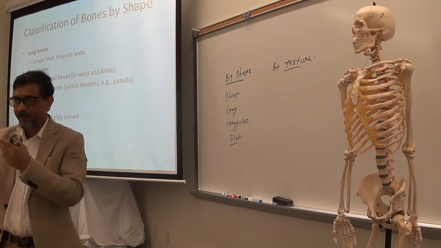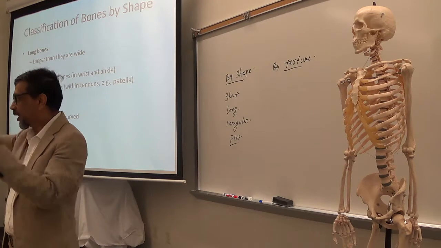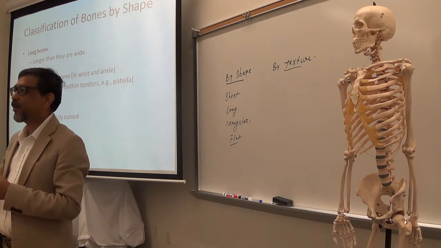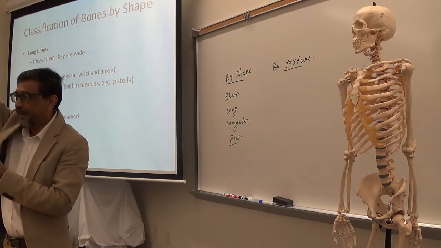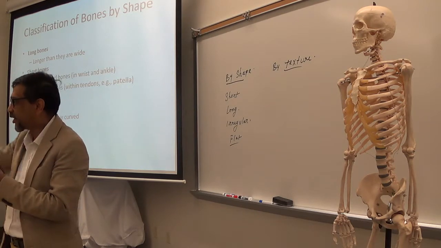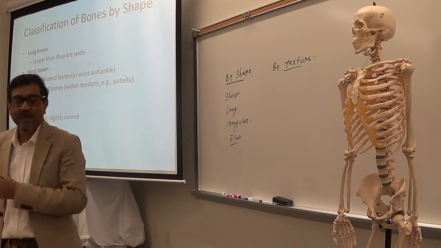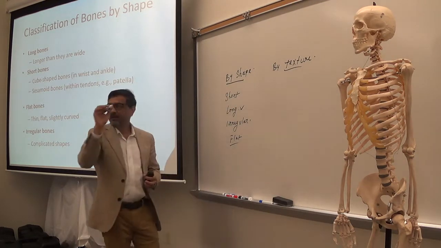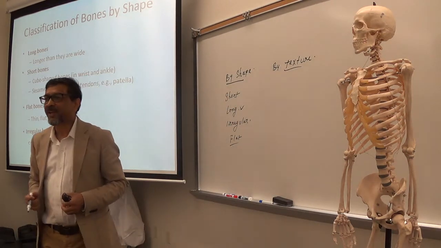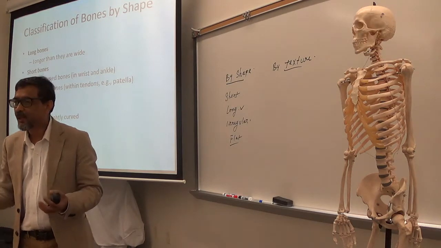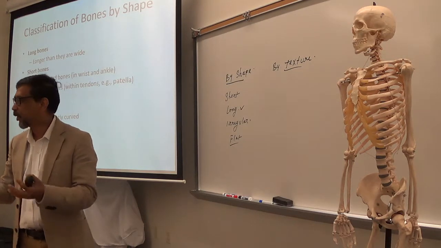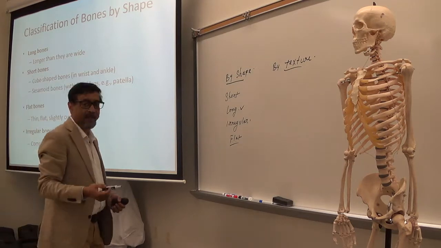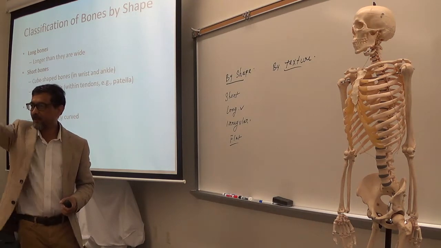Humerus, tibia, fibula, radius, ulna, those are long bones. They have upper and lower ends, right? Two ends and a shaft. Make sense? So long bones are long, like femur, humerus, tibia, fibula, radius, ulna. They have two ends connected by a shaft.